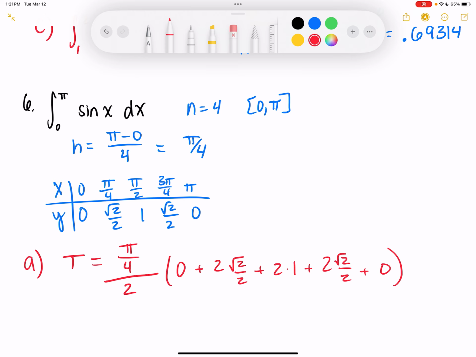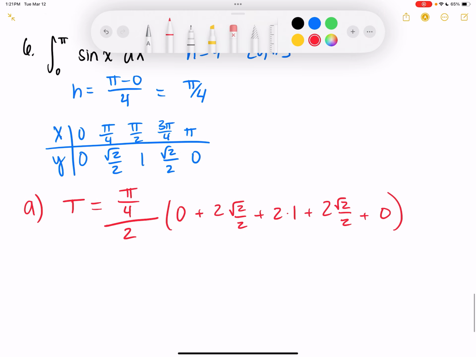So I've got pi over 8 times, now notice 2's cancel, so I've got 2 plus 2 root 2.